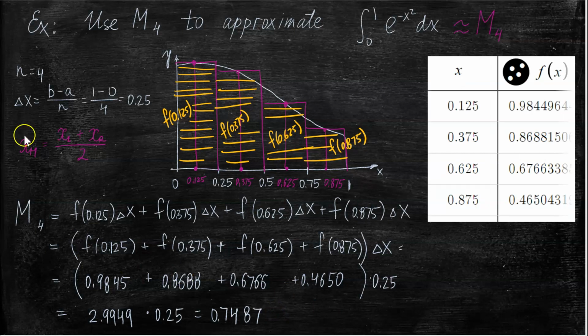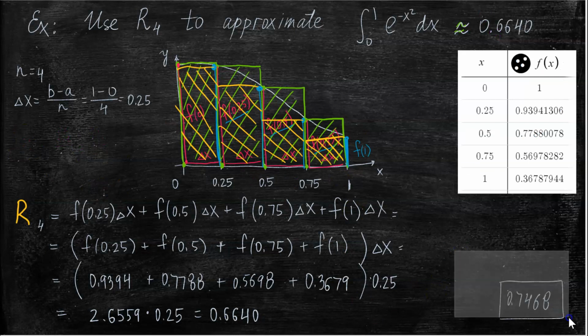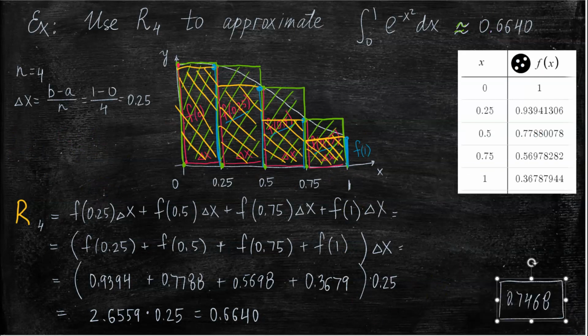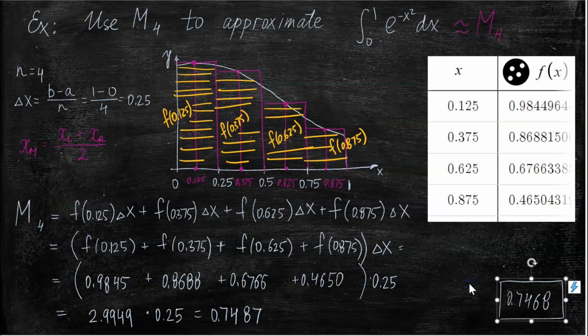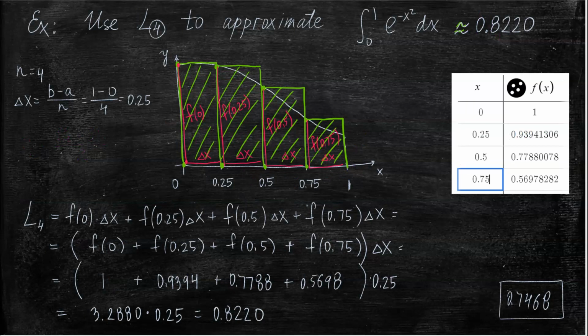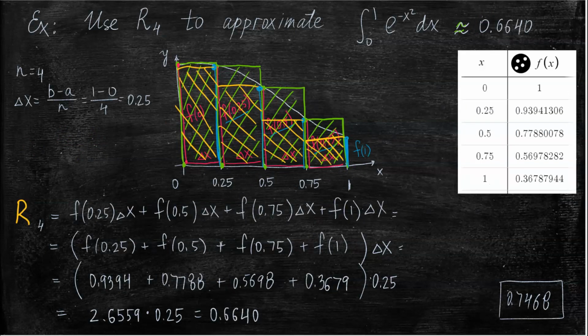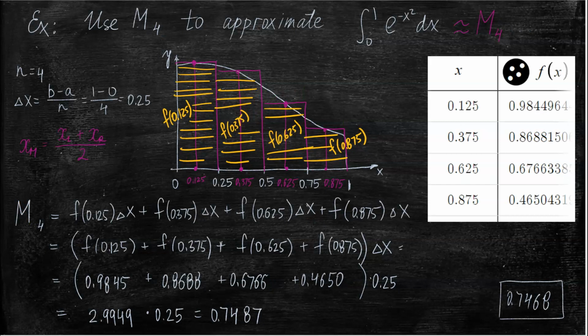And notice how this was actually the right answer, which is a mystery to us because we don't know what the right answer is. However, if you now compare the three results that we got, one with L4, one with R4, and one with M4, we see that M4 gives us the more accurate one, and this is going to be the case for strictly increasing and strictly decreasing functions.